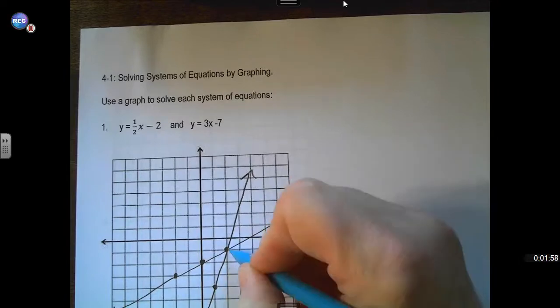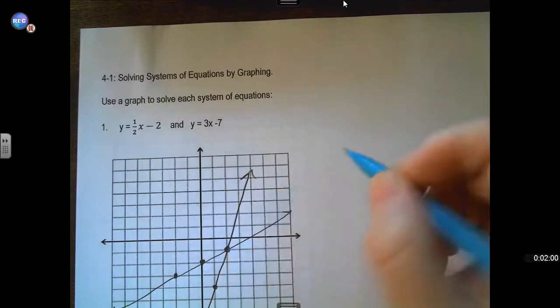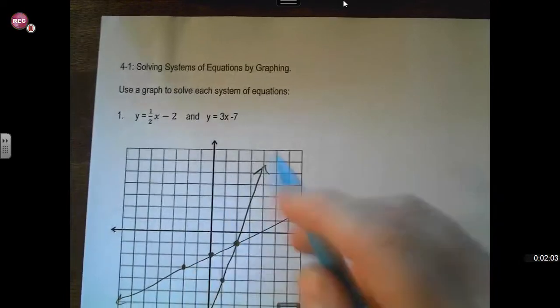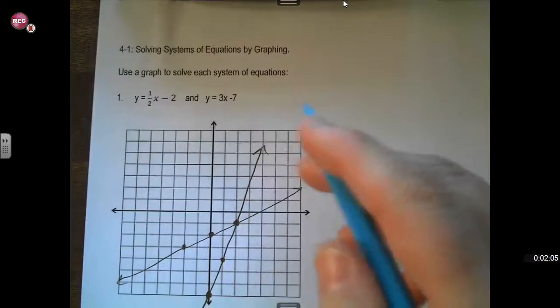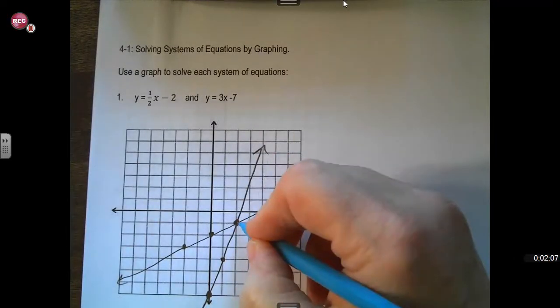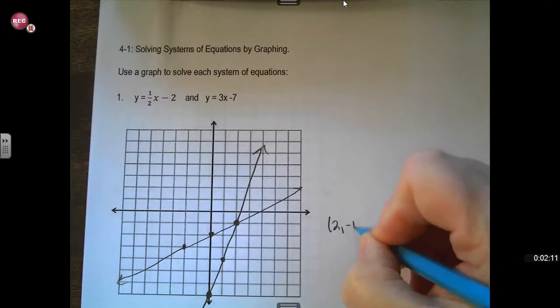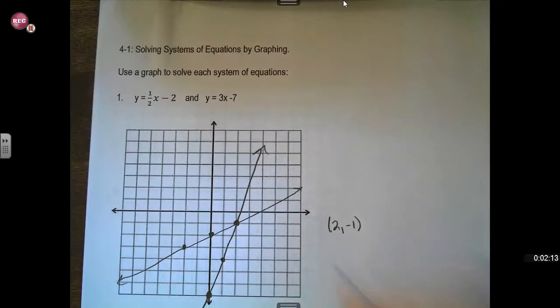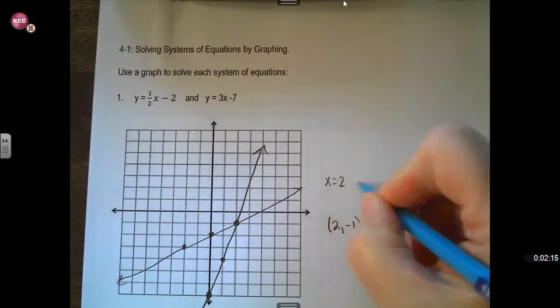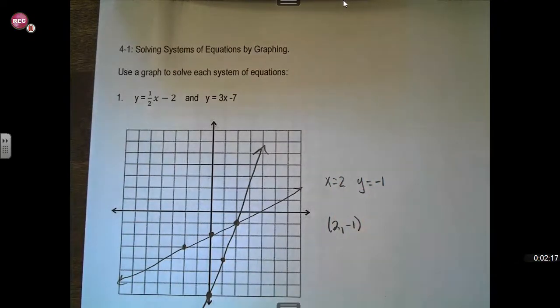Obviously this is the point of intersection, so the solution to this system of equations is this ordered pair, 2, -1, or x equals 2, y equals -1.